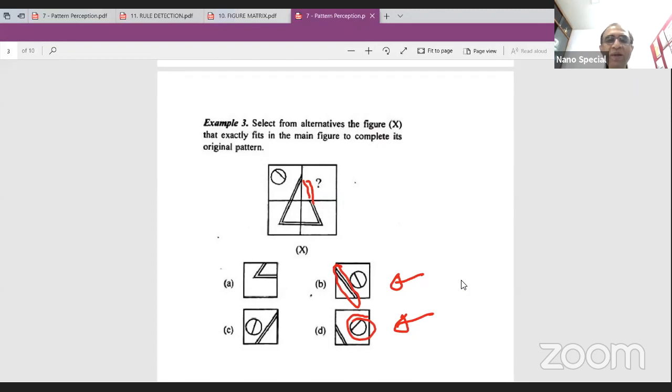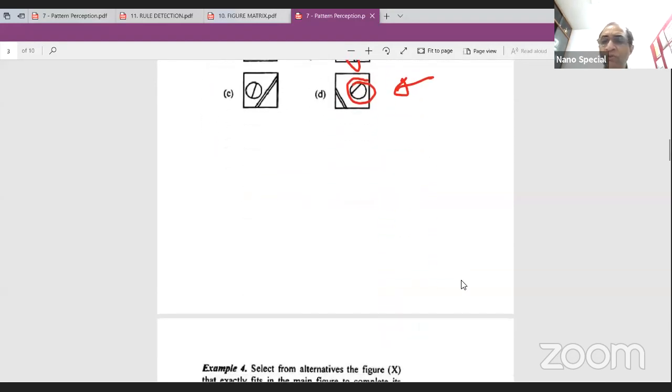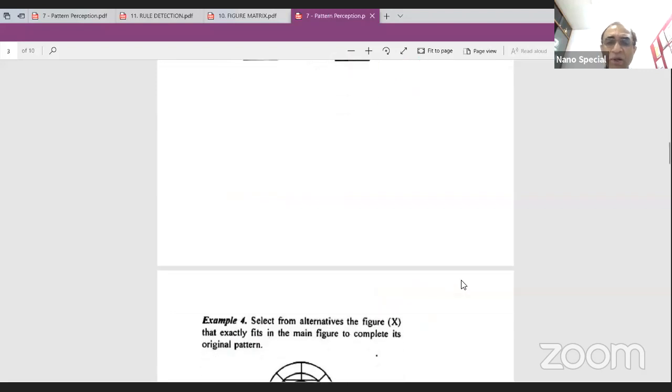This has to be the mirror image of this particular square. Here the circle is pointing in this direction. So whatever circle is placed here has to be like this. From that point of view, the answer is D. That is simple. Everybody has got it now. Those of you who said B are now convinced about D.